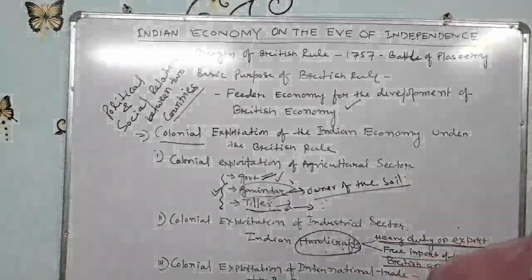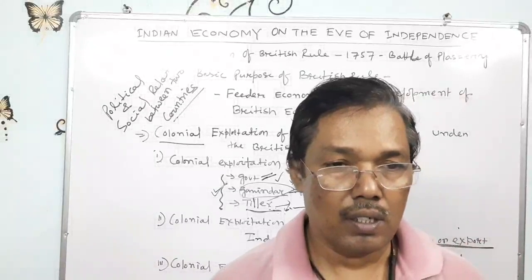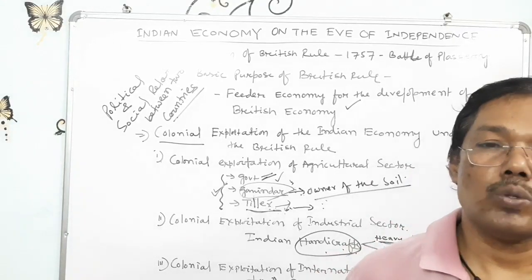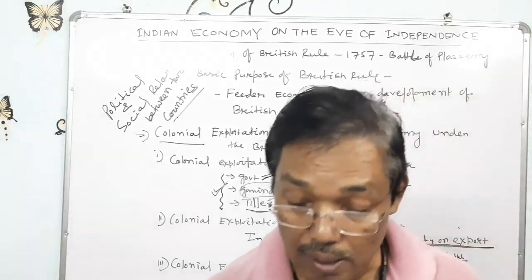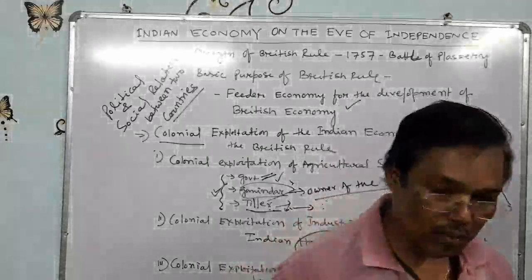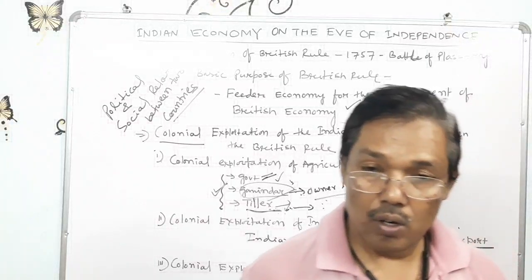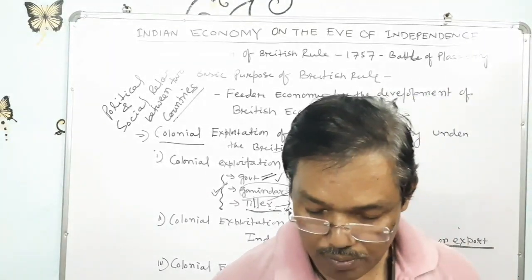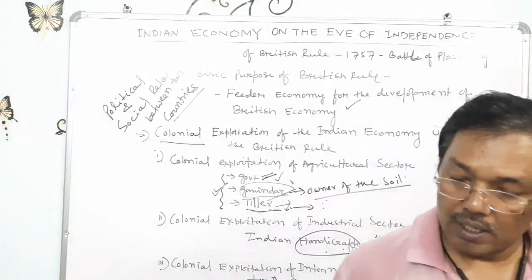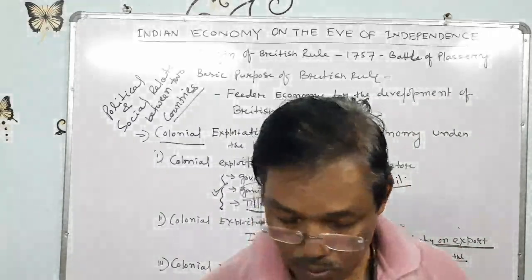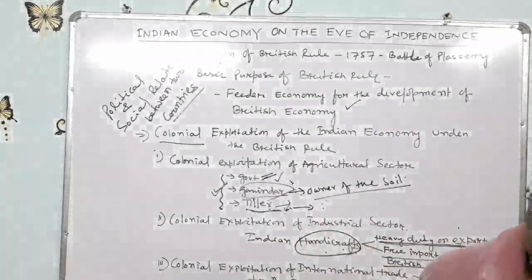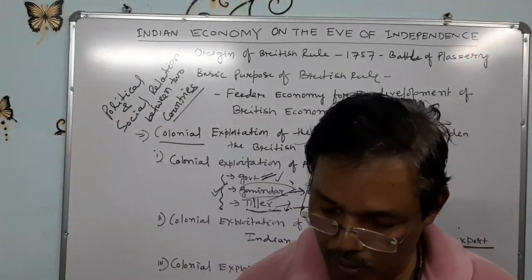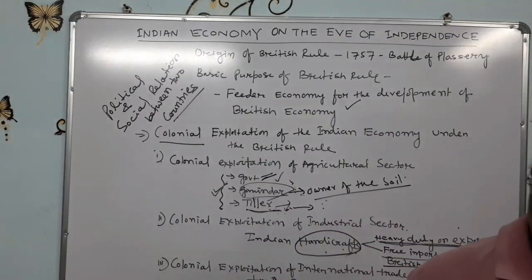You will be surprised to know that Indian per capita income was only 15 to 23 rupees. Imagine, when India got freedom. And compare it, what is the stage now, how much is our per capita income? In most of the studies, the country's growth in aggregate real output during the first half of the 20th century was less than 2%, and only 0.5% growth in per capita output per year.